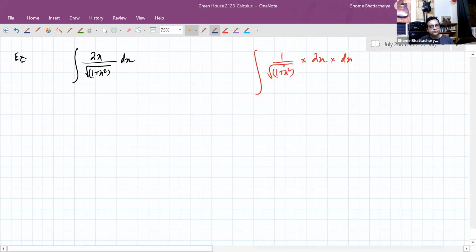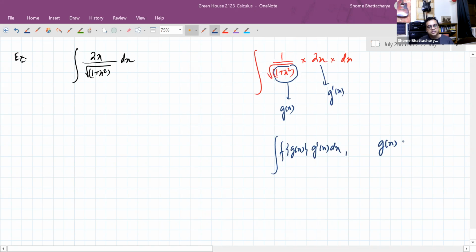Now, if you think of this quantity as the inside function, then this quantity is its derivative. So it is basically of the type f of g(x) into g'(x) into dx, where your g(x) is the term 1 plus x square and f of g(x) is basically 1 upon square root of g(x).